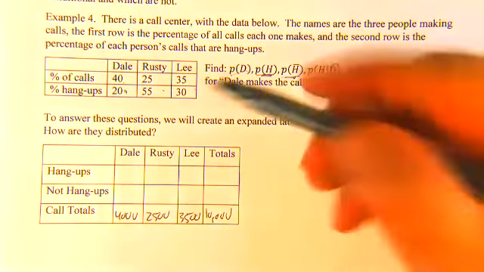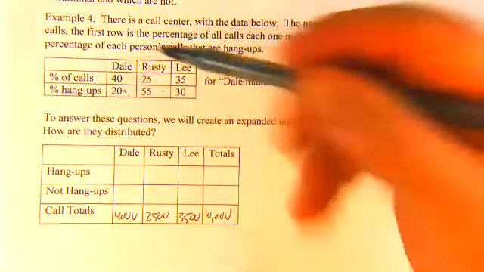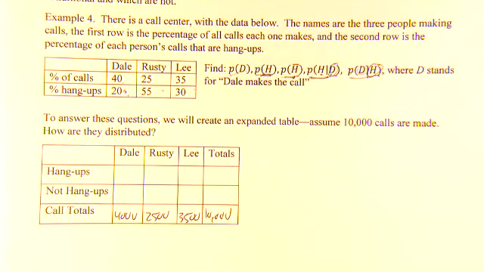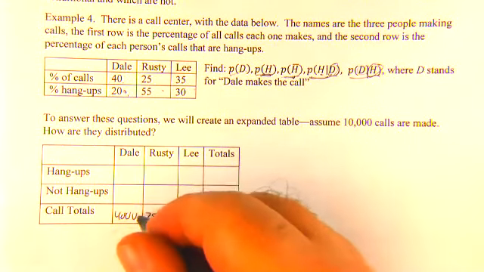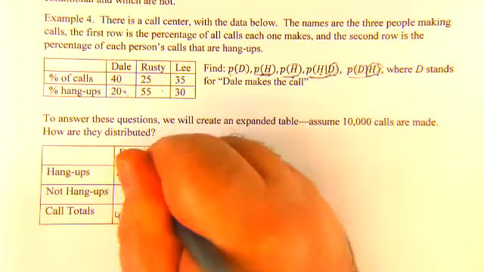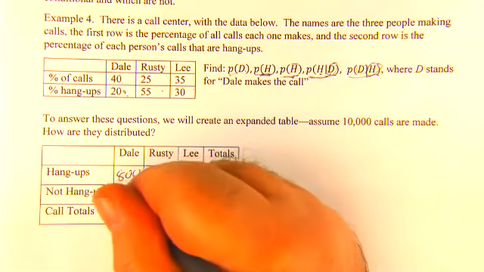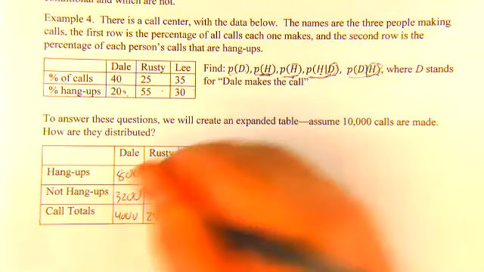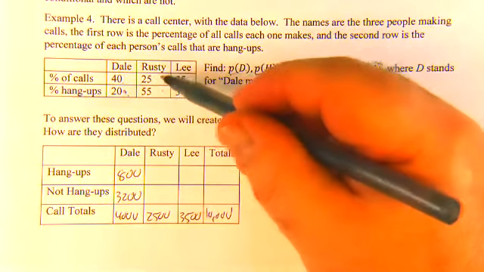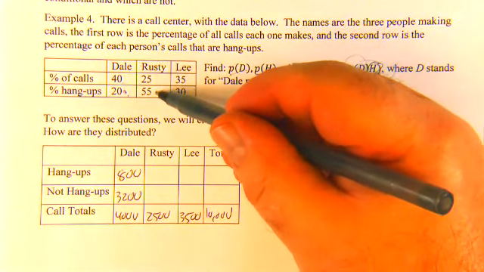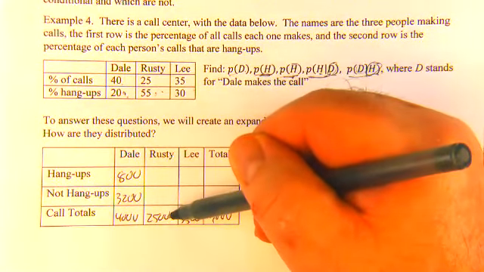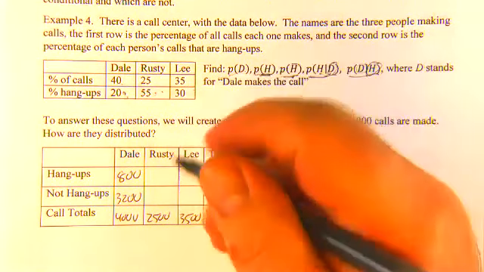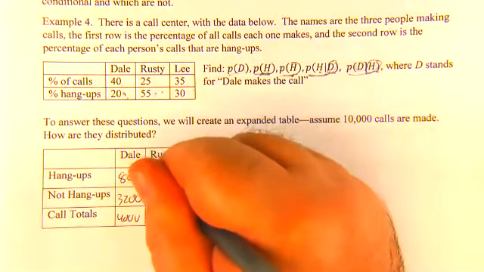So 20% of all of Dale's calls are hangups. 20% of 4,000 is 800 hangups for Dale, which means that 3,200 calls were not hung up on. Rusty, 55% of Rusty's 2,500 calls are hangups. So that's 1,375.